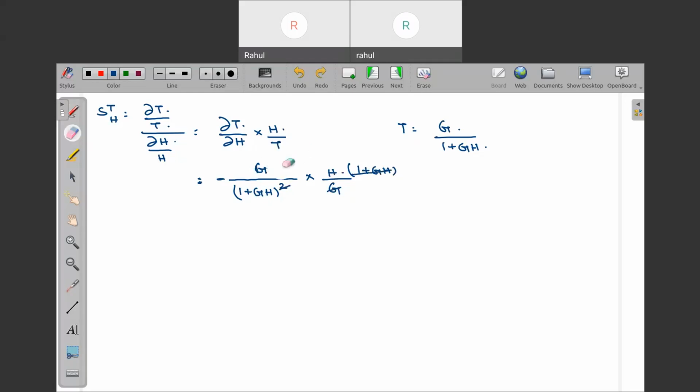So here it will come G square, G into G, so one of the G will get cancelled. So here it is minus GH divided by 1 plus GH whole square. So this is your S_T^H, sensitivity of your transfer function with respect to your feedback path gain. Is this clear? Any doubt? Okay, fine.